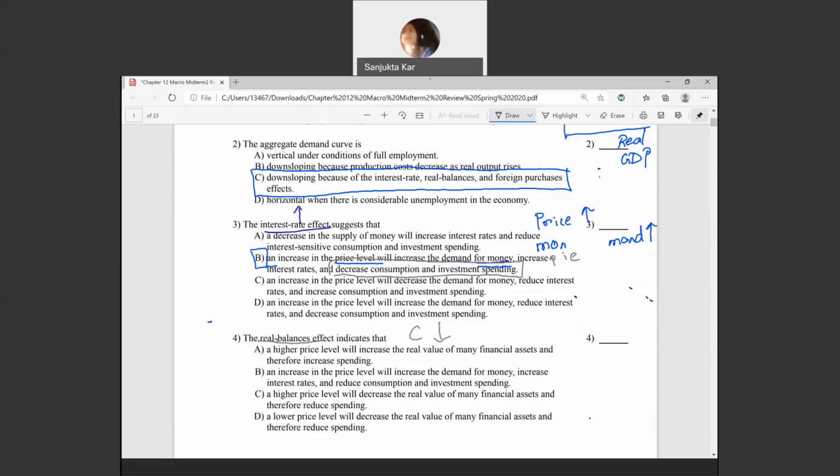So the answer will be this one: higher price level will decrease the real value of many financial assets and therefore reduce spending. Choice A is not the answer because choice A is telling us increase spending. The answer will be reduce spending. That means your consumption is going down.